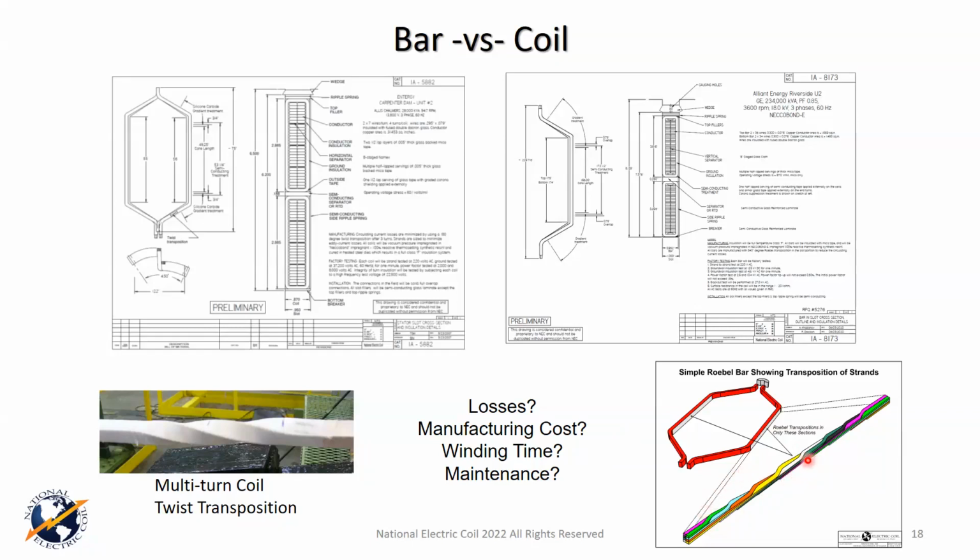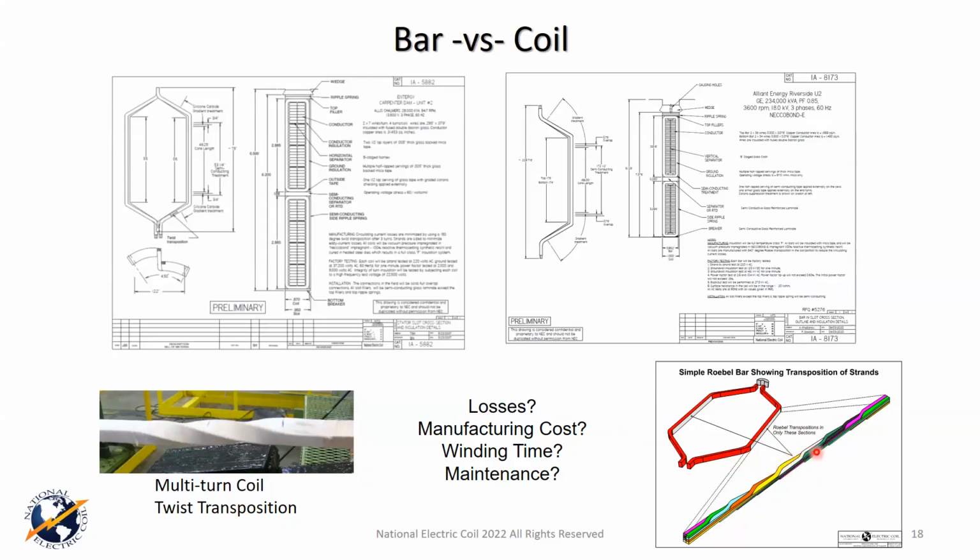But one of the OEMs has started to use it primarily on some of the global VPI machines to help minimize losses, to help allow them to put in a conventional coil into a global VPI machine. They have to offset the thermal transfer characteristics of the global VPI, and so by minimizing losses using a 900-degree Robel, that helps with that.